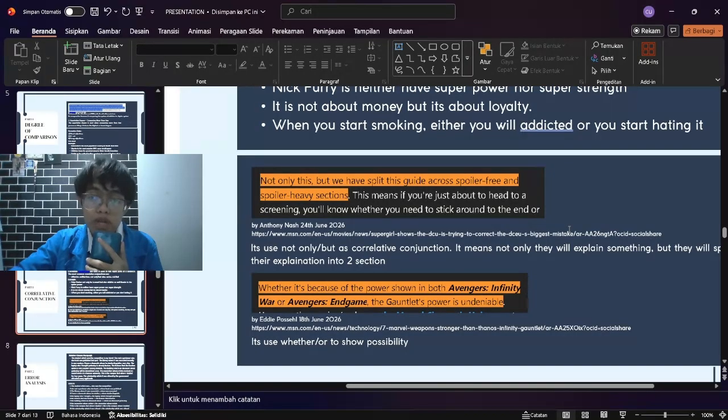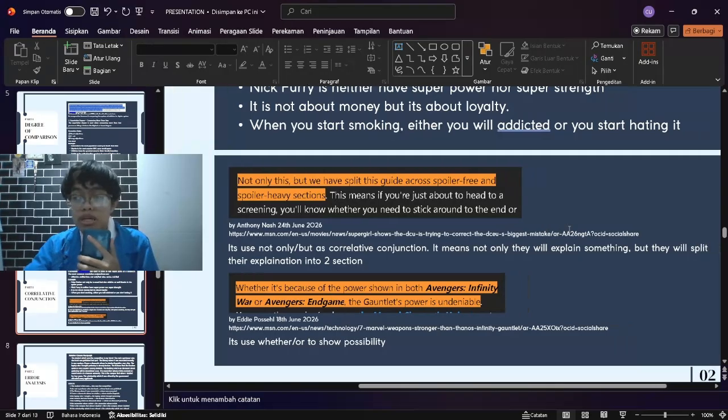I think the writer wrote this wrong, because there should be an "also" after the "but." So basically it uses not only...but also as a correlative conjunction. It means not only will they explain something, but they will split their explanation into two sections.